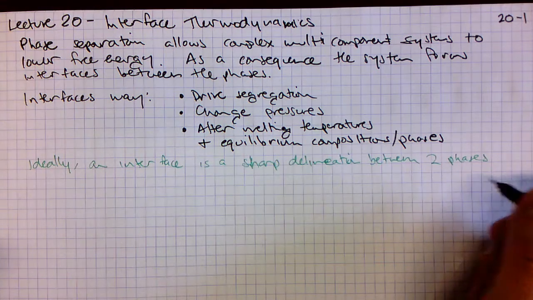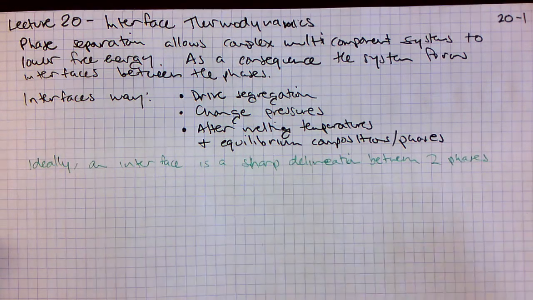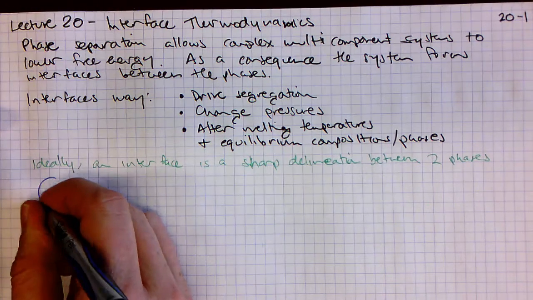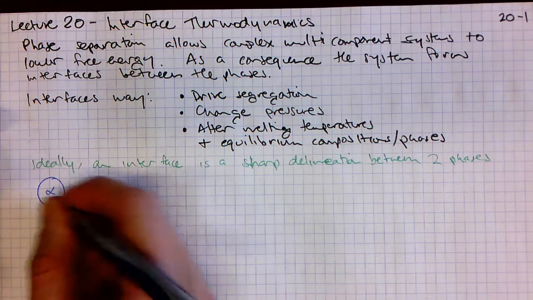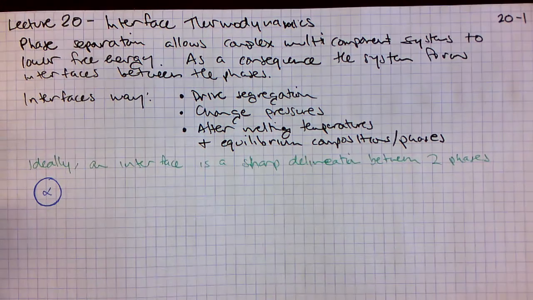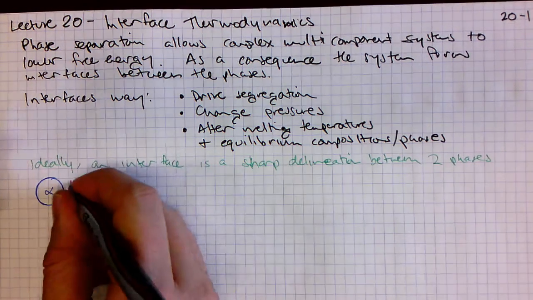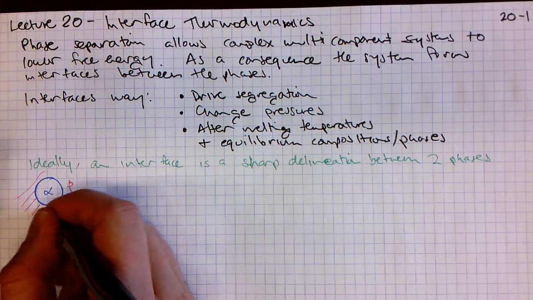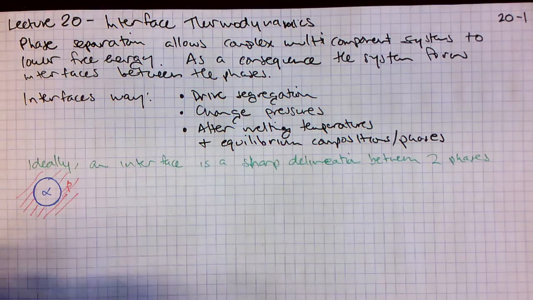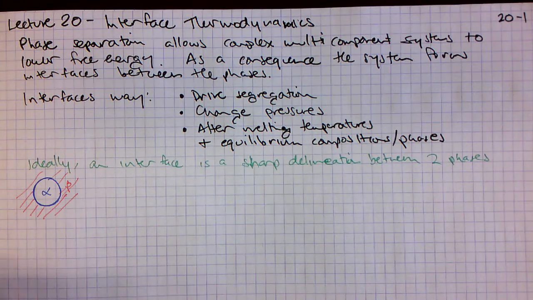And so if we wanted to draw this in 2D, of course, usually we're thinking really in terms of 3D, we would have some phase alpha that might be within some boundary, some interface here, and some other phase beta would be present outside of the phase alpha. Right? And so we're interested in looking at this interface where we cross over from alpha to beta.